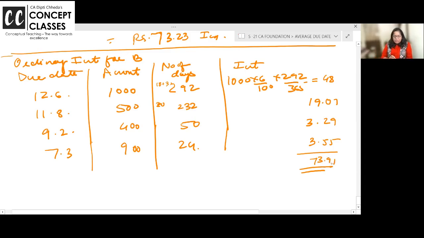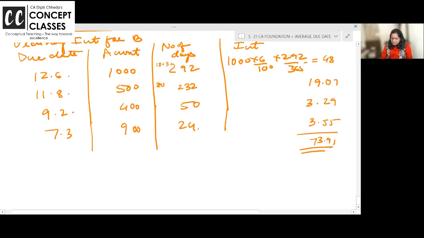73.91. Are you all able to do quickly with me? Give some response. All clear or not? If you are still calculating, ask me. I will wait. Number of days calculation is clear or not? Ask again. 12th June to 31st March. Write it down if you want.